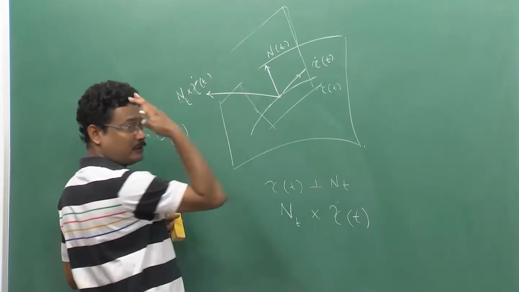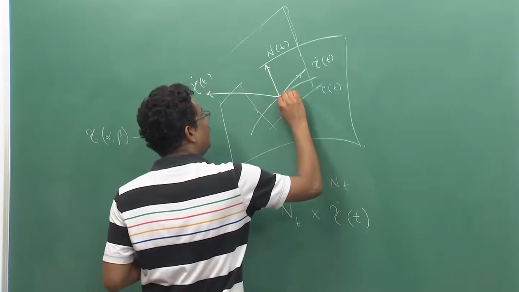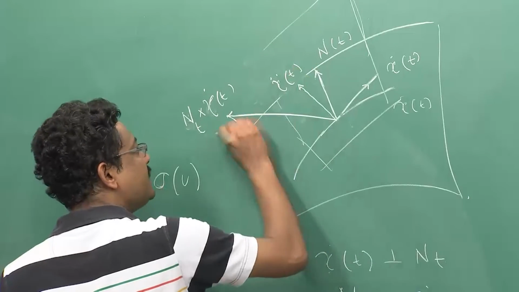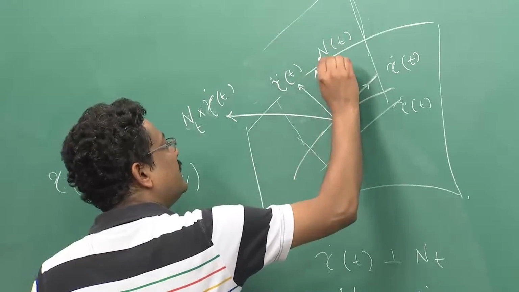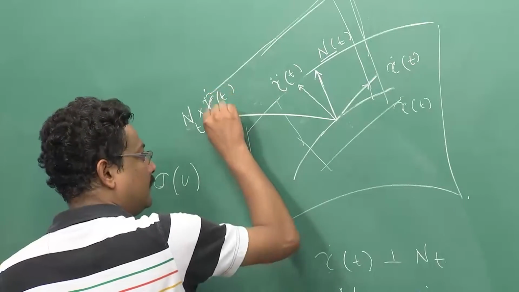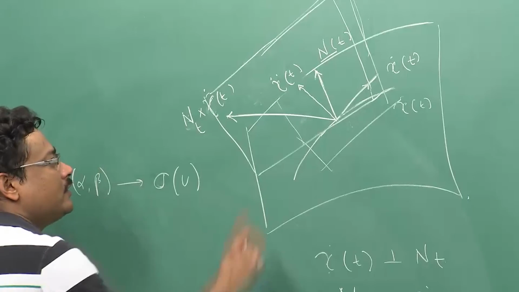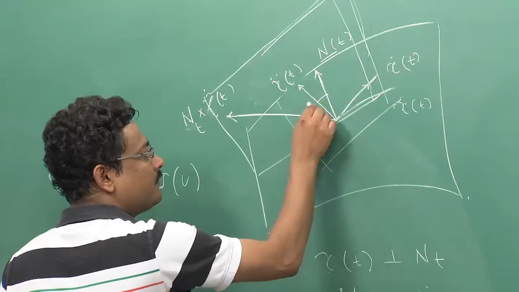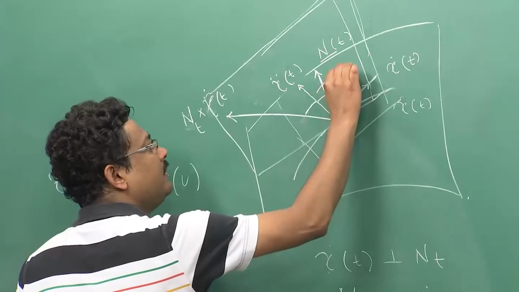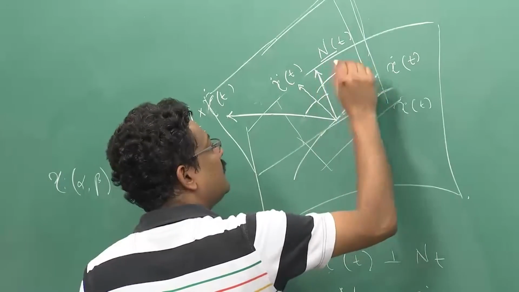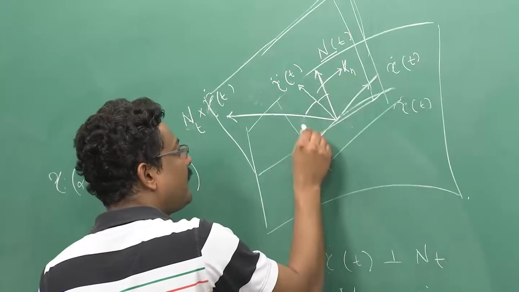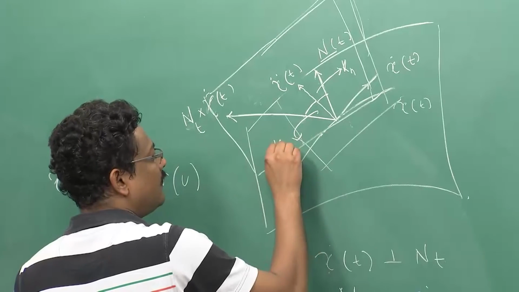Gamma double dot t is a vector lying in the plane generated by these two, so it will be a combination of this vector and that vector. Taking the cosine of this angle, I call it k_n, and for this angle, I call it k_g.